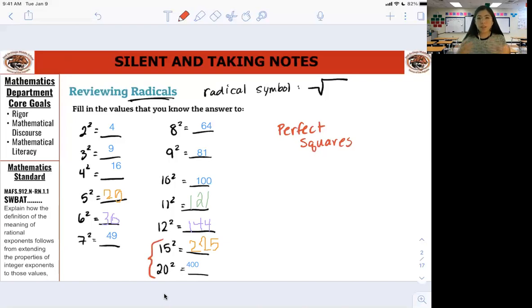But the bigger numbers, 11, 12, 15, and 20, make sure you also have those memorized, because just by knowing these off the top of your head, you're going to save yourself a lot of work down the road. Like Chris was saying, he doesn't have a calculator. You would have to do it by hand otherwise on a test. So these are numbers that you should have memorized. And if you don't, then go ahead and just take a moment to write them down.